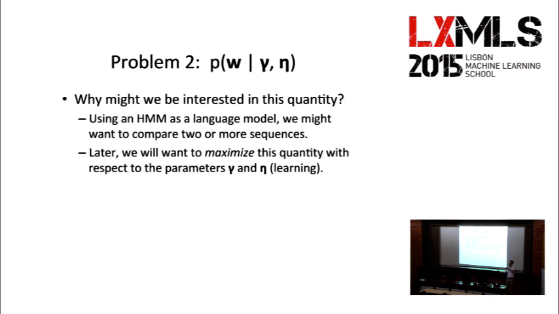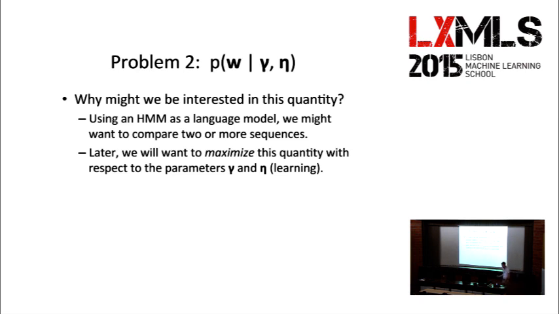There's middle ground. Maybe we know how many states there are, or maybe we know a little bit about which words can go with which state, or maybe we know which states can transition to which other state. There's every possibility in between, depending on your setup. But the most extreme is that we don't know anything. We don't even know how many states there are. Typically, the thing we teach is you know the number of states, and that's about it.